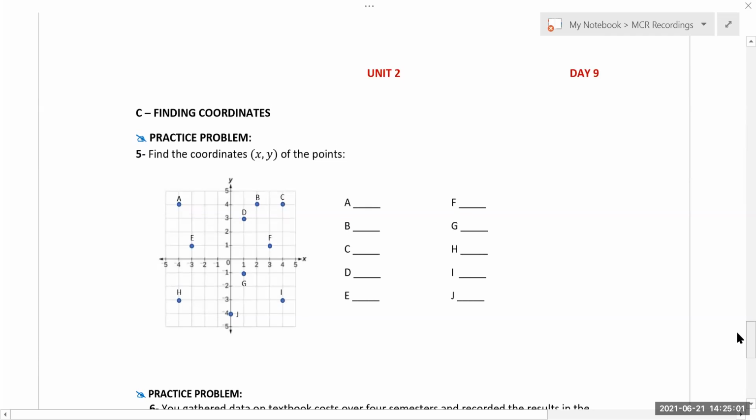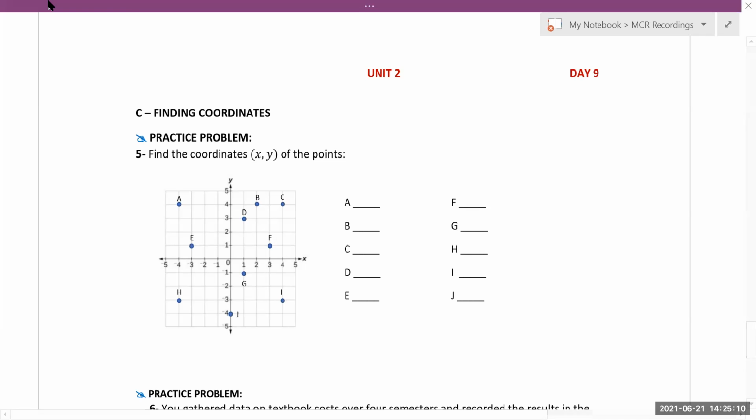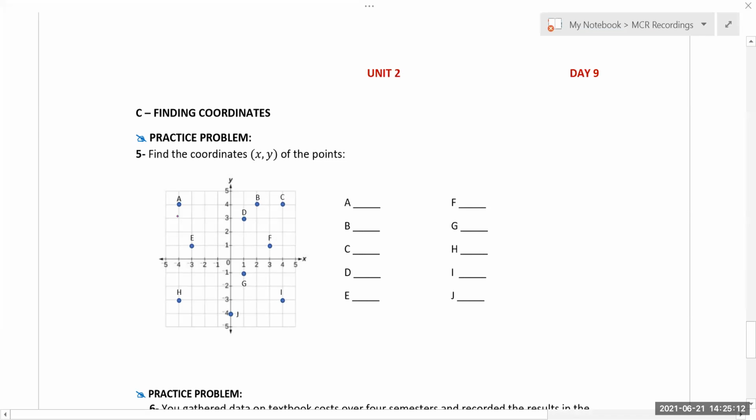All right. So now you can also work backwards. So pause the video for a minute and see if you can work backwards from all the coordinates. Can you go the other way? So for A, you would go -4, 4. For B, it's 2, 4. For C, it's 4, 4.